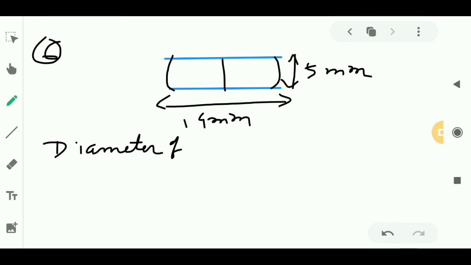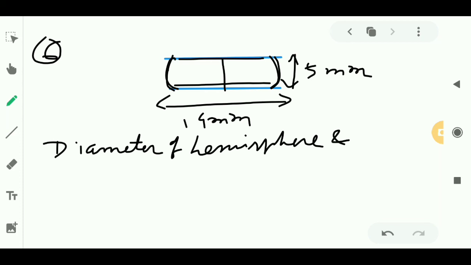Diameter of hemisphere, and because here two hemispheres are there, this one is a hemisphere, this one is a hemisphere, and this part is the cylinder. So the diameter of the hemisphere and cylinder will be the same here. Given as 5 millimeter.